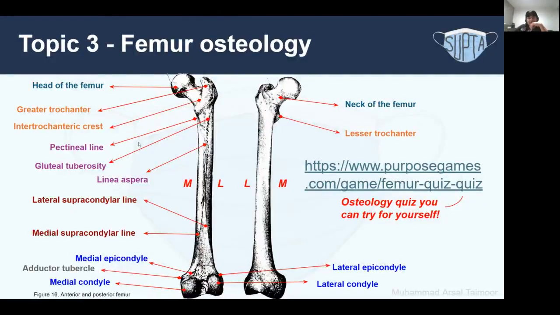And this is essentially the anterior view. You've got the lateral and medial supracondylar lines, so that means above the condyles. These are the continuation of the linea aspera. And again, you'll see why you need to know these with the muscle origins and insertions in a minute. And you've got the medial epicondyle and the lateral epicondyle. An epicondyle is basically something that sits above the condyles.